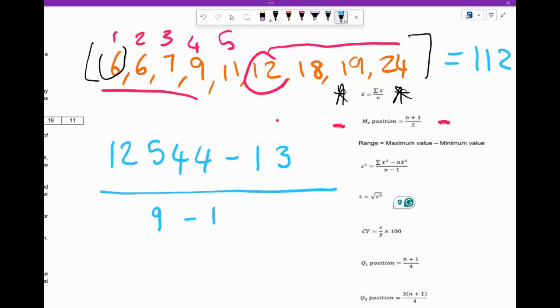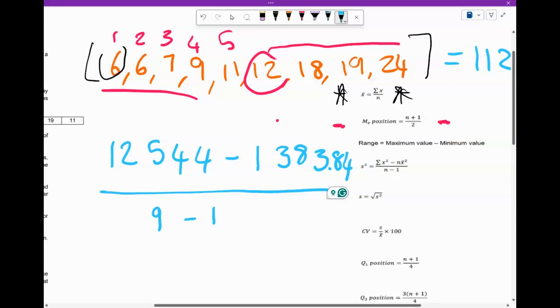Okay, just call out the numbers for me. 138, 3, 0.84. Okay, right. And then we can find out what our numerator is and then divide it by 8. What do we get?